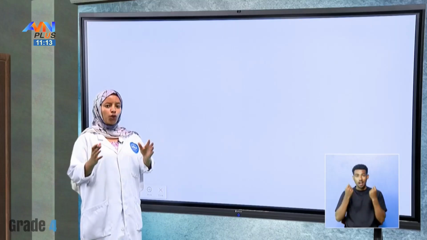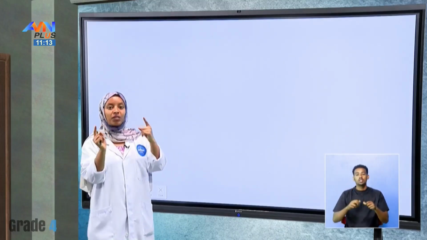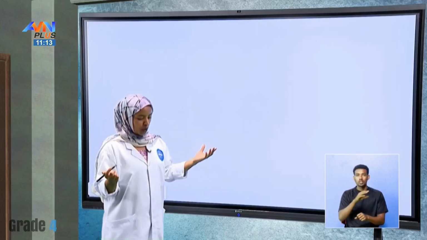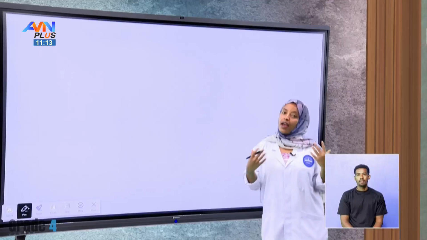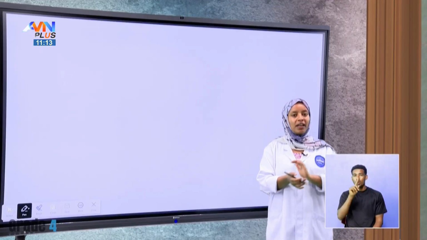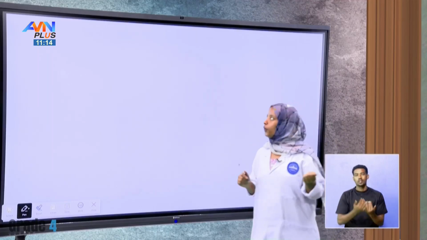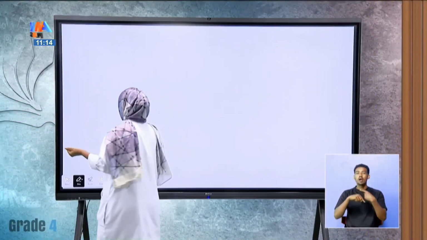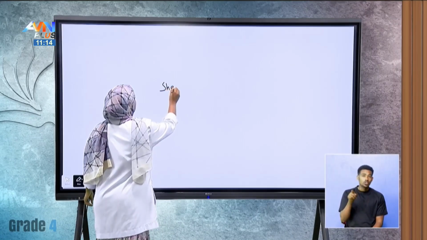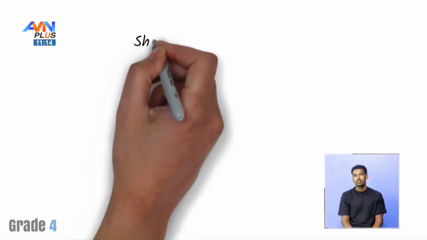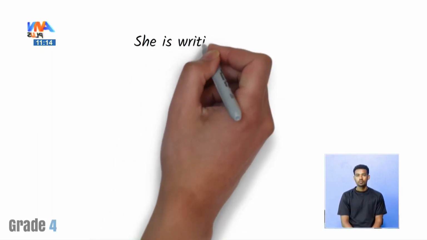So let me show you how we can use present continuous tense as a question, it means interrogative, and also how we are going to use it to make negative, and also question negative, and also positive sentences. Let us start now. For example, she is writing a letter.